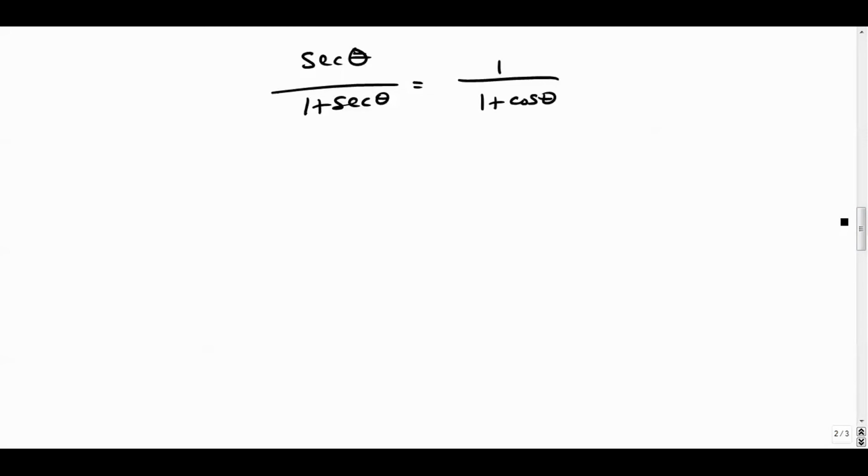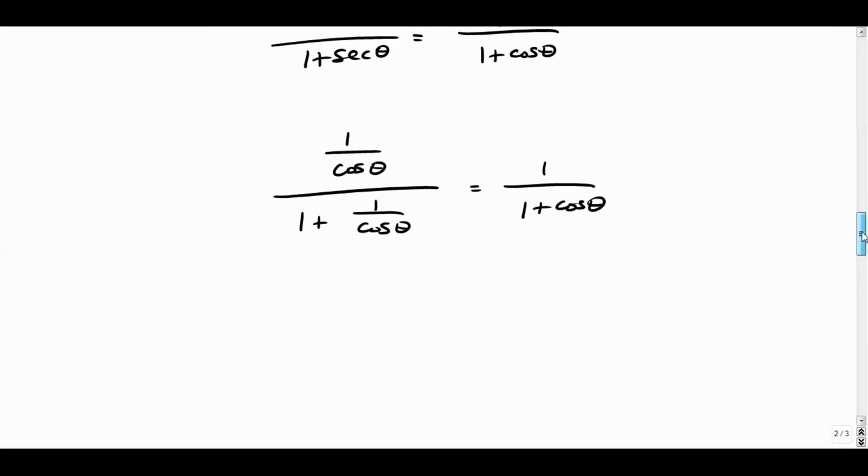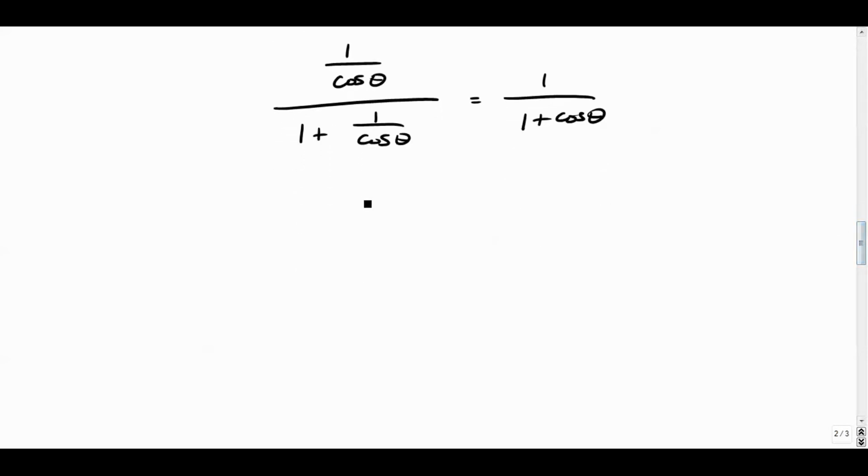Okay, so let's see. Secant is 1 over cosine. So I'll change both of those. And my denominator has 1 plus a fraction. Let's try to combine those. So I'll rewrite my numerator for a second. My denominator is 1 plus 1 over cosine theta.